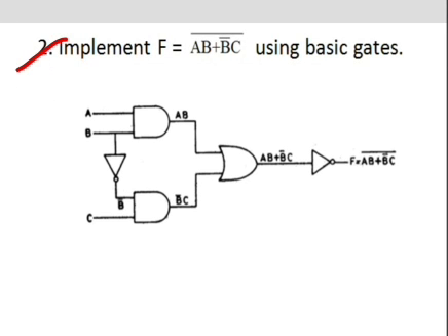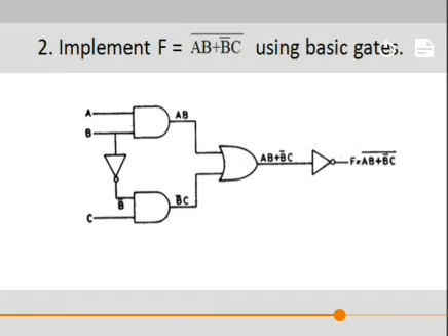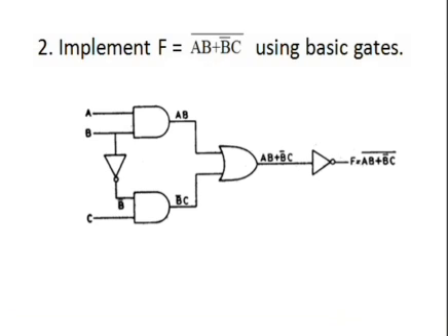Second example, implement F equals AB plus B complement C, whole complement, using the basic gates. First, we must plot for AB. So AB means A into B by using the AND gate. So A and B are the input. What is the output? AB.